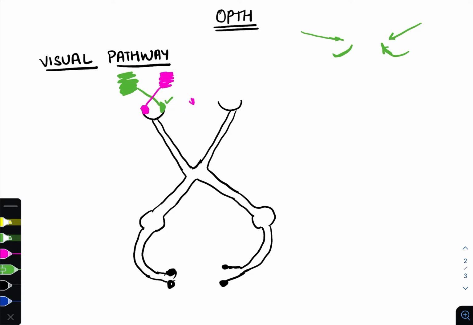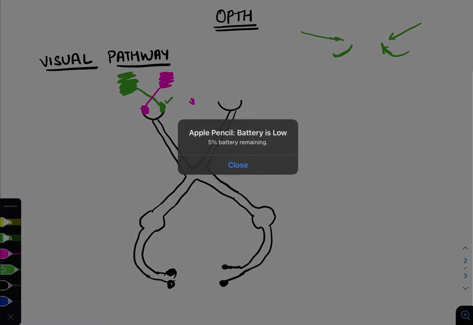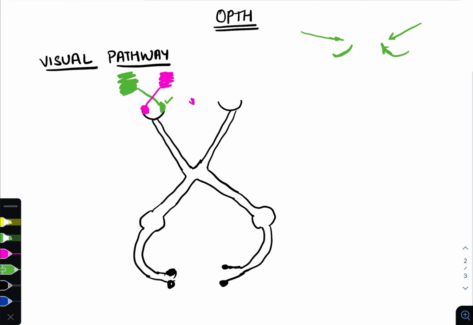Now this is our optic nerve. From the eyes the optic nerves come out, and in the optic nerve the fibers of the temporal retina go directly to the same side without crossing. The fibers from the nasal retina go and cross over in the optic chiasma.